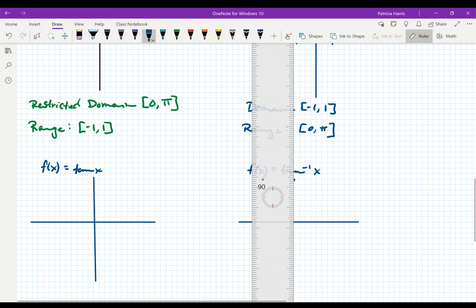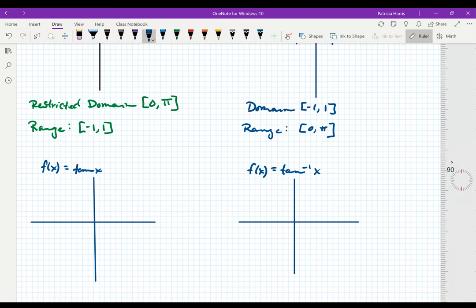We're still switching our x and our y, but we're having to do a domain restriction. So let's put in some asymptotes.